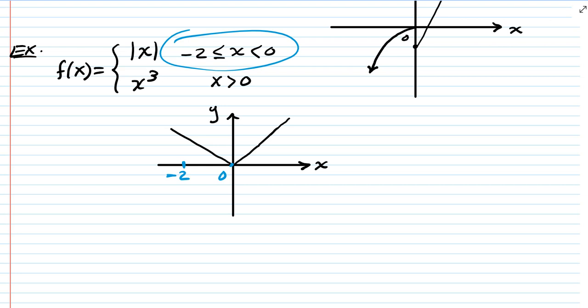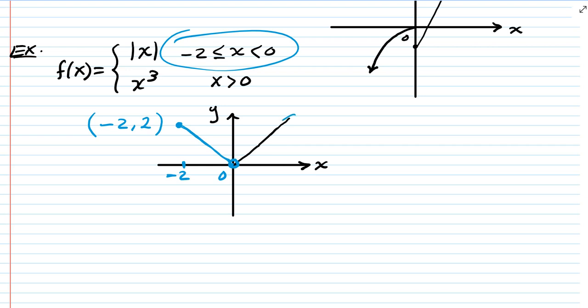So I actually have an open circle at 2 here. Right in here, I have an open circle at 2. Therefore, that portion of the graph, and when x is -2, y is also 2. So that's what this part looks like. I'm going to put a circle there, right? That point is when x is -2, absolute value of -2 is 2, so that's going to be actually a +2. There, that's what that is.